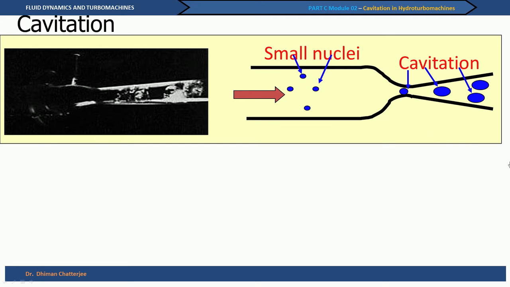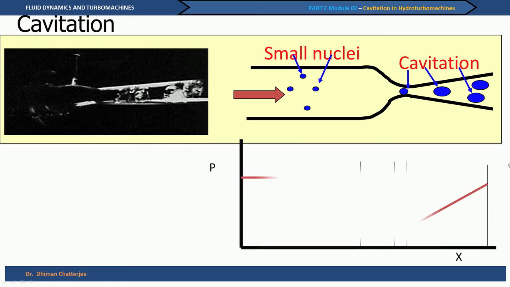These are the small nuclei which may be present in water, but these are not detectable by naked eyes. However, when these nuclei pass through the throat, then we see that at the throat and at the downstream regions big bubbles have formed, just like in the photograph. The reason is very simple.